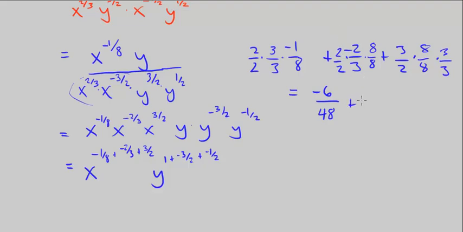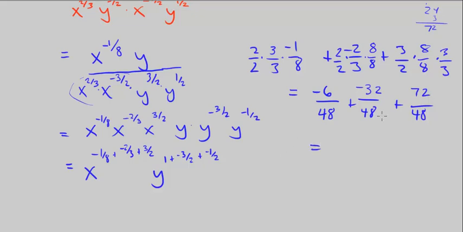These are all going to be over 48 now because 2 times 8 times 3 is the same as 2 times 3 times 8, and so on. So negative 2 times 2 is negative 4. Negative 4 times 8 is negative 32. 8 times 3 is 24. 24 times 3 is 72.